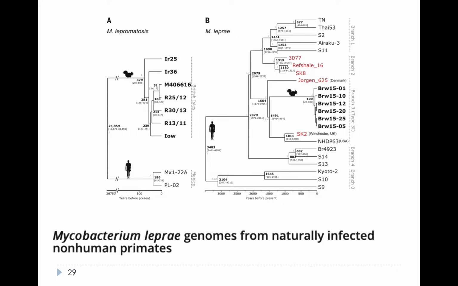But when we look at Mycobacterium leprae, we see clear evidence from the phylogenies that all these squirrel genomes are nested within this branch that includes these two medieval leprosy genomes, one from Winchester, one from Denmark, and this one that we mentioned earlier from the USA. So it's clear that there has been spread between humans and squirrels. And given that squirrels are nested in one branch of the diversity we see in humans, probably squirrels caught it from humans.